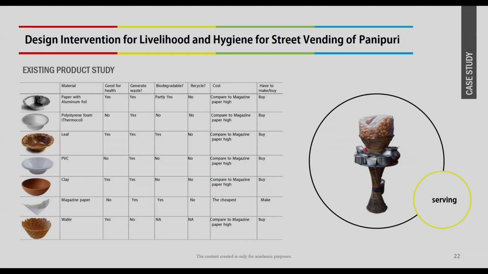For that, we studied different kinds of products available in the market. We checked different kinds of bowls available, made of paper, aluminum foil, polystyrene foam, leaf, PVC, clay, wafer and magazine paper, and a comparative analysis was done.